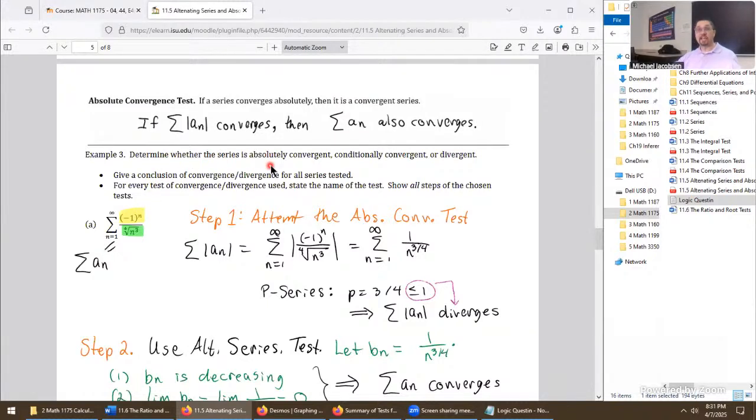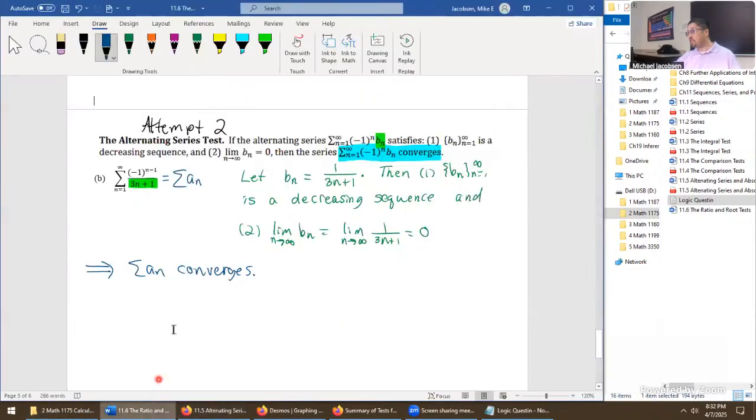Determine whether the series is absolutely convergent, conditionally convergent, or divergent. Then you really would want to do another step. We found it converges, but we don't know the flavor of convergence. We would want to take the absolute value of this one, show it diverges, and we would get the extra information: it converges only conditionally. But this problem wasn't about the trichotomy. It just wants to know convergence of any kind, so we ended it right at this step.